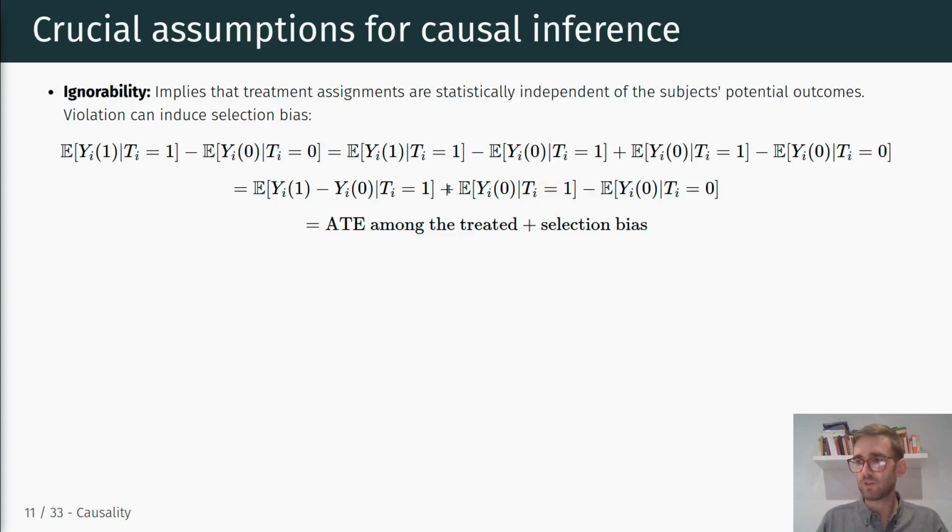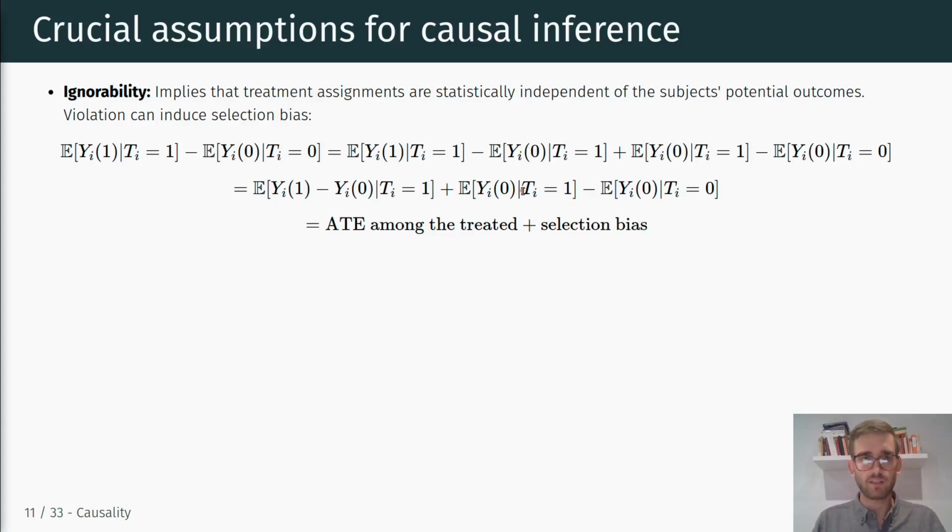And then we're left with the remaining two terms, which is, one, the expectation of the potential outcome in the treatment group for those observations conditional on the treatment assignment being equal to 1, and the expectation of the potential outcome of the control group conditional on the treatment assignment being equal to 0. So conditional on being in the control group, right?